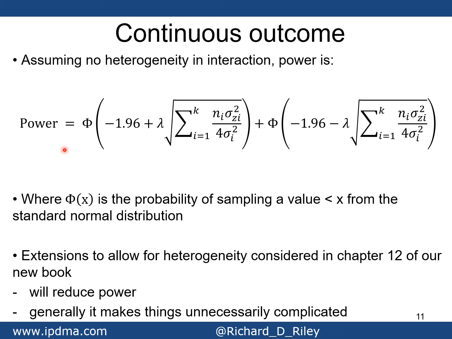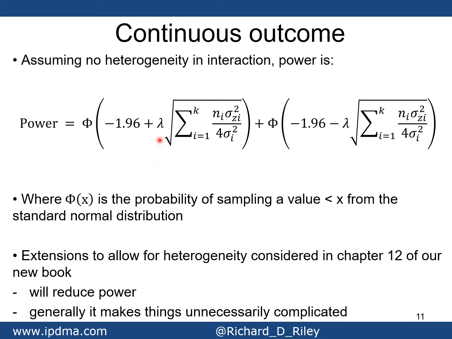When we do a power calculation, it's a function of values from a standard normal distribution. I'm not going to go into it in detail here, but you can see it's a function of standard normal distribution test statistics based on the variance of the meta-analysis result, 1.96, the standard value from a normal distribution of the 2.5 percentile and 97.5 percentile levels, and lambda, which is the assumed true effect size of the interaction.